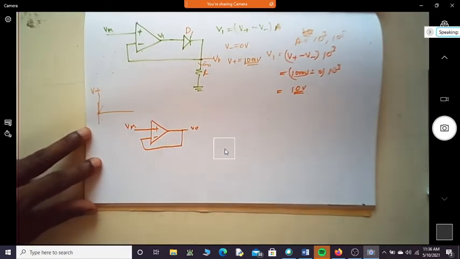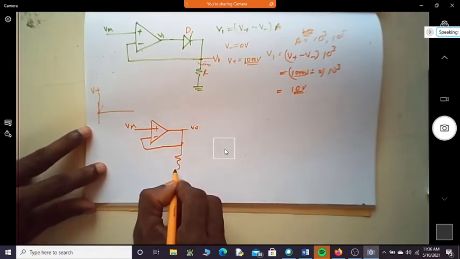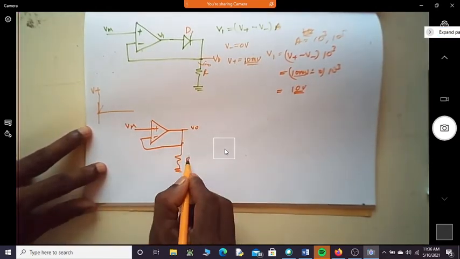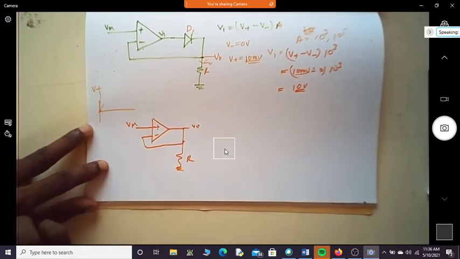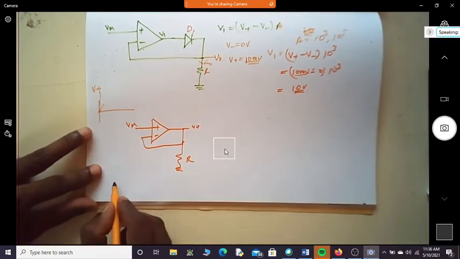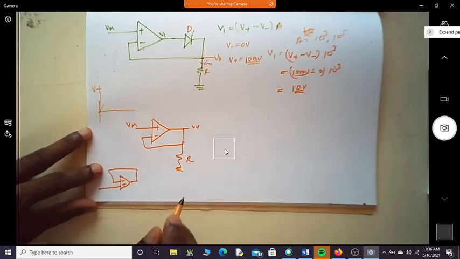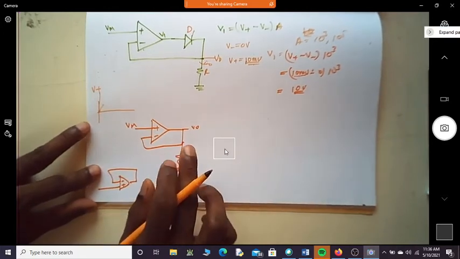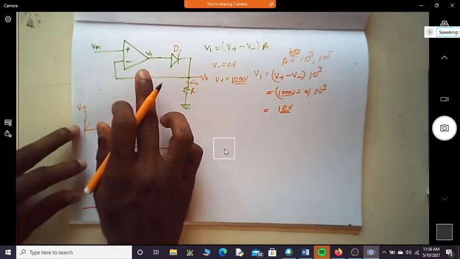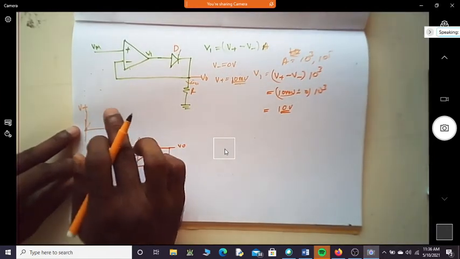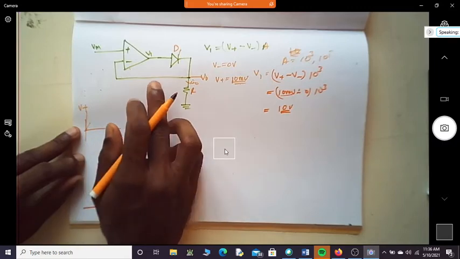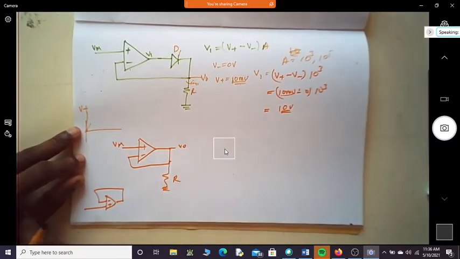Voltage follower. So meaning for input voltages above zero, will it act like a voltage follower?